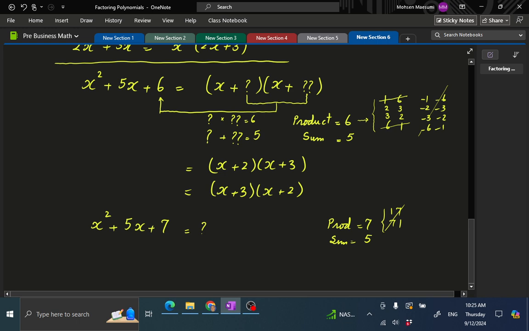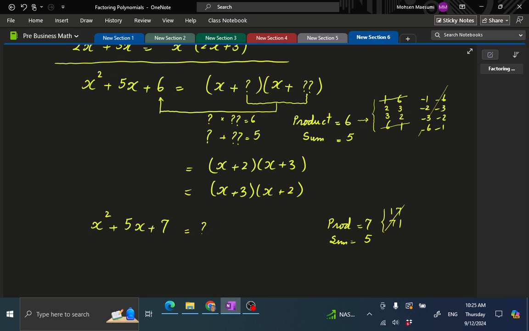So this one stays on the side until we have bigger guns and better tools for handling it. It doesn't yield to our simple method right now, because the factorization is not in nice whole numbers. There could also be other numbers there, but this is not one of them.